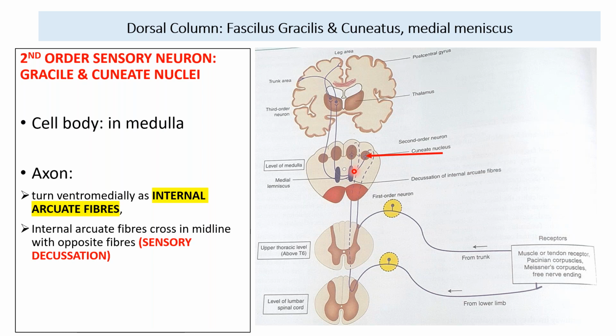I've told you, these sensory tracts all cross at the level of the spinal cord or brainstem. Here we are talking about the brainstem, so they cross at the level of the medulla. This is called sensory decussation.